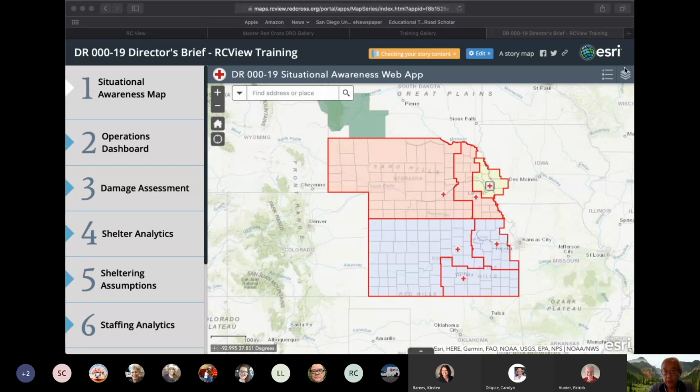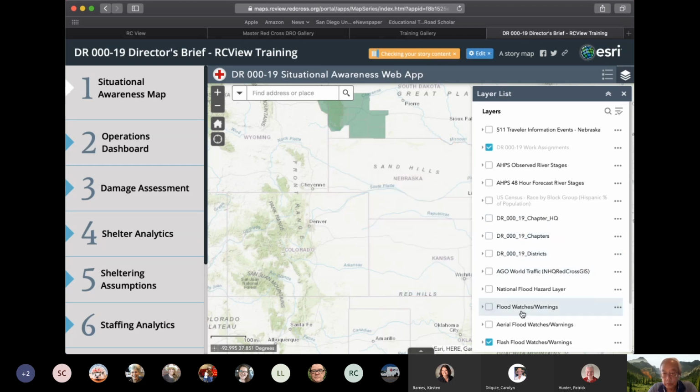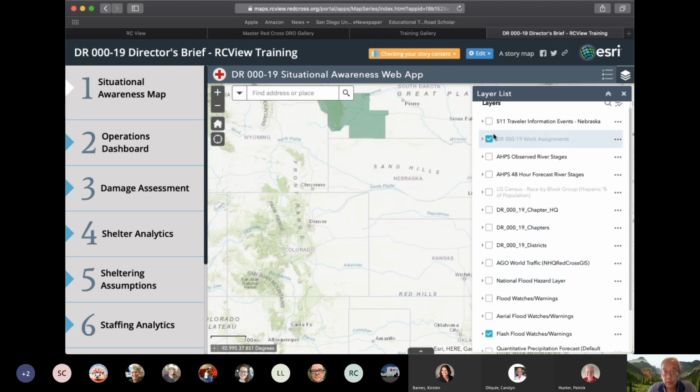To make it more visible, I'm going to click off some of these layers. And I know that it has this traveler information, so that would tell me any road closures.